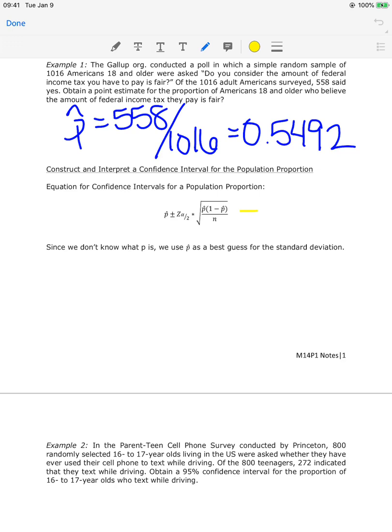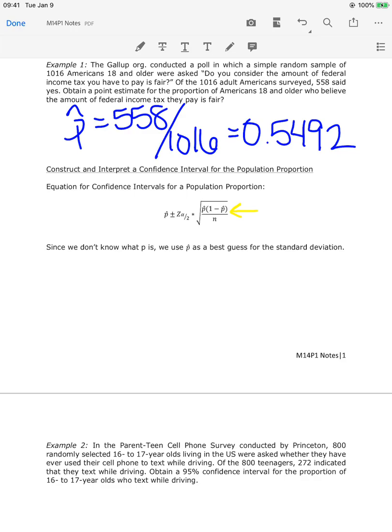We don't know what p is, so we're using p hat as our best estimate. The only time you will use p hat in your standard deviation equation is when you are conducting a confidence interval. If you're doing a hypothesis test, if you're finding what the standard deviation would be, you would use p. If you have p, this is the assumption that we don't have p. All we have is p hat.